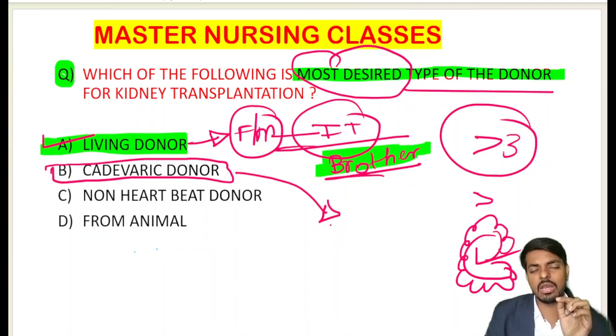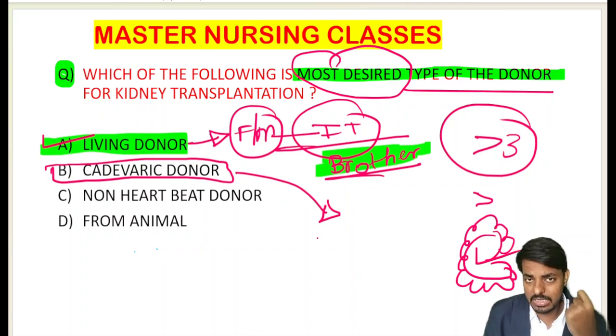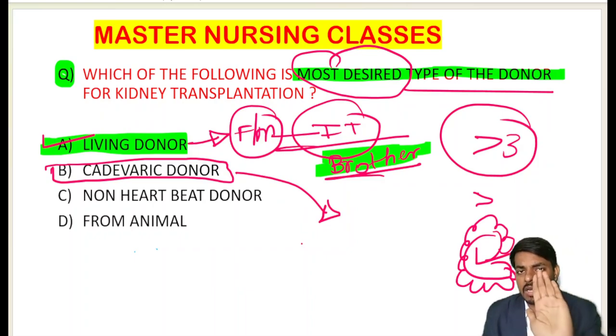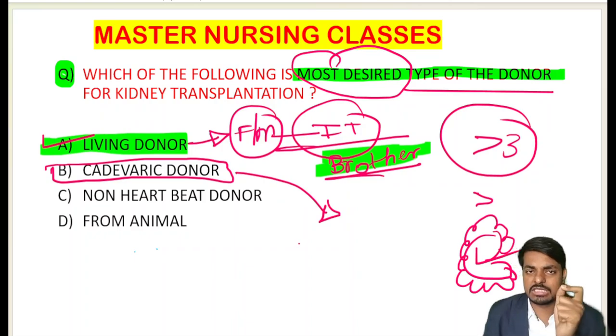In that situation, if the donor has signed the consent, or we, as a nephrologist or as nursing officers, need to counsel the family members to take the kidney from the cadaveric donor. Cadaveric donor does not stand for taking the kidney from the dead body. It stands for taking the kidney from a person whose brain is dead.